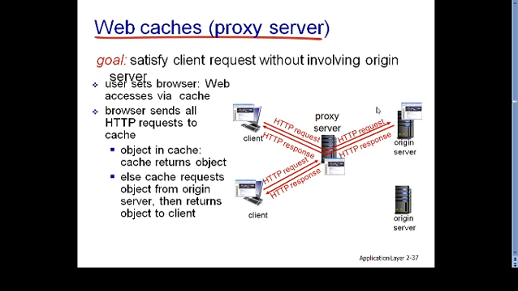So this is the concept of proxy server, which keeps the copy of a document, and that document is provided to other clients through the proxy server, and other clients don't have to go to the original server again and again to get the required web page.